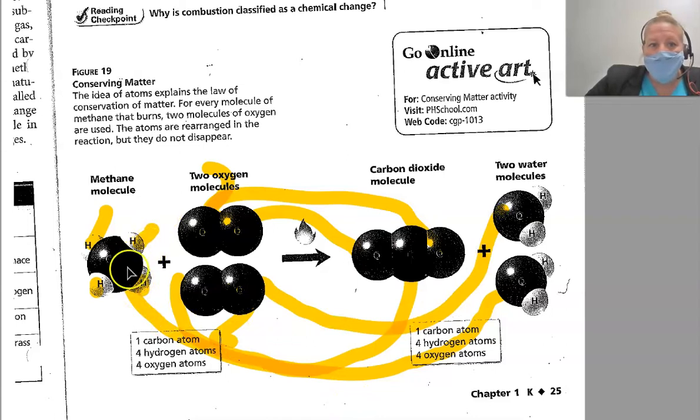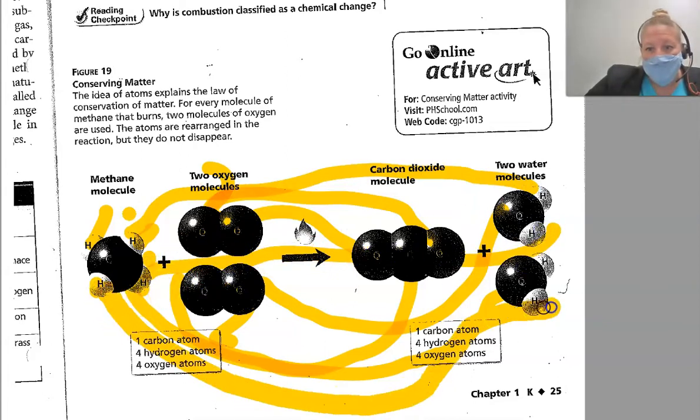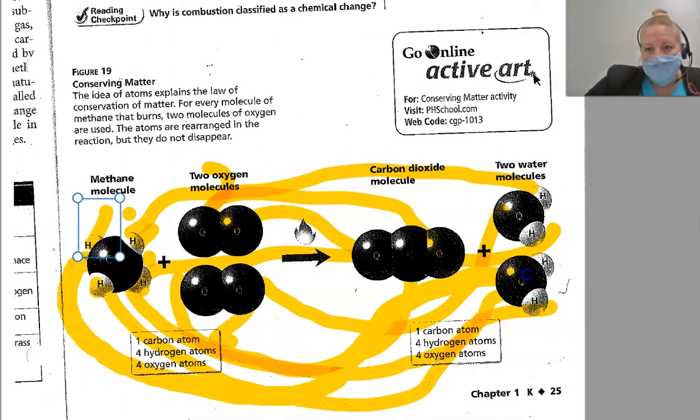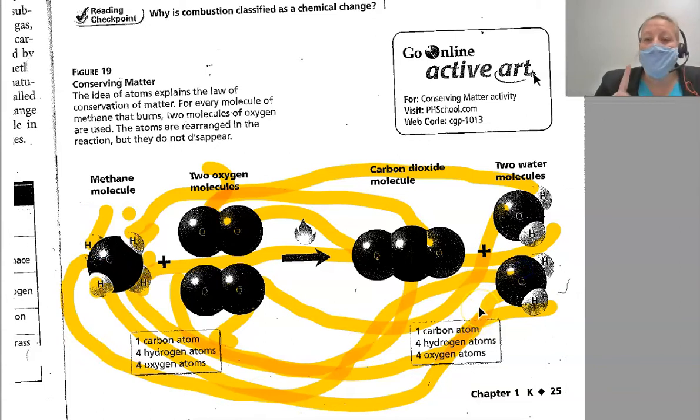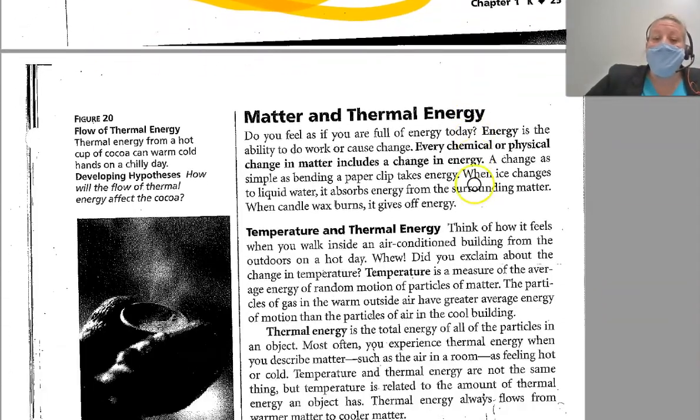Okay, we still have our hydrogens left over. So we have 1 hydrogen here. Here's our other hydrogen. 1 hydrogen comes here, and the other hydrogen comes right here. So we have not lost a single atom. They've just been rearranged. That's the law of conservation of mass. Okay?